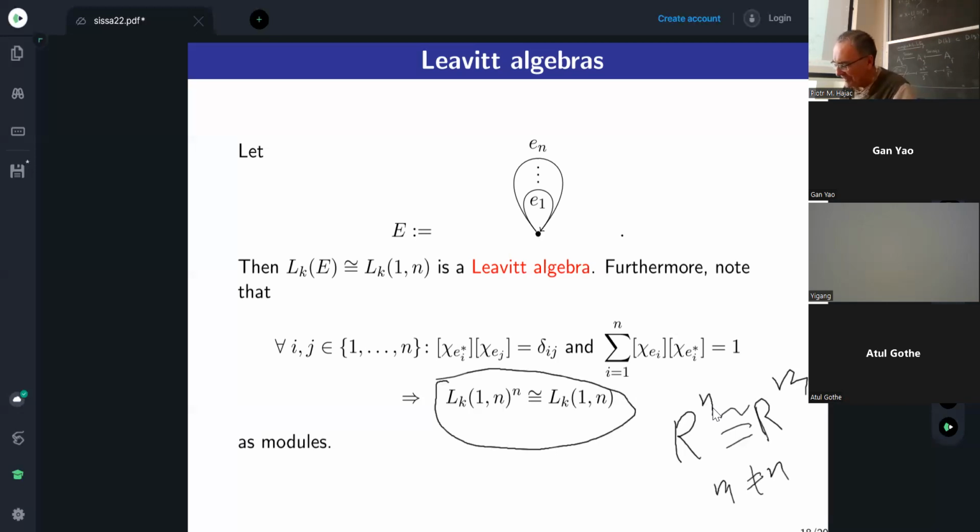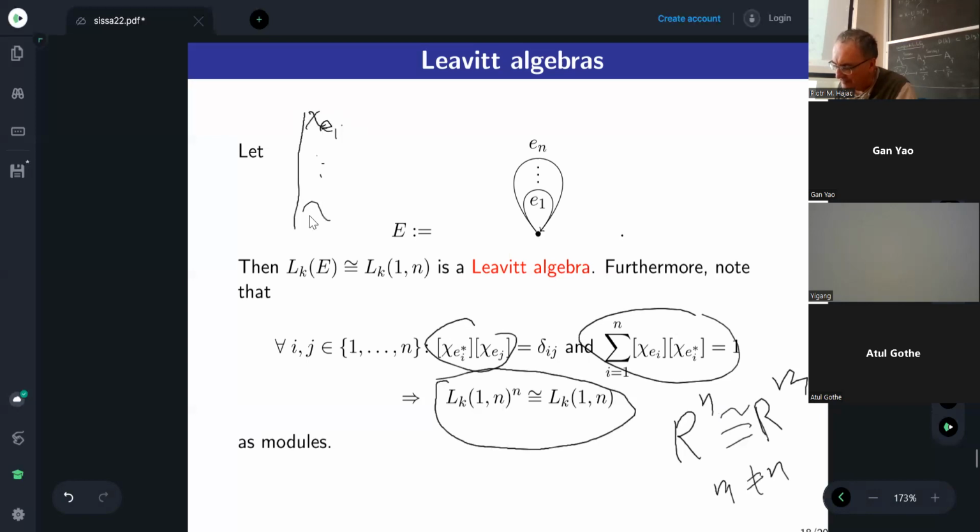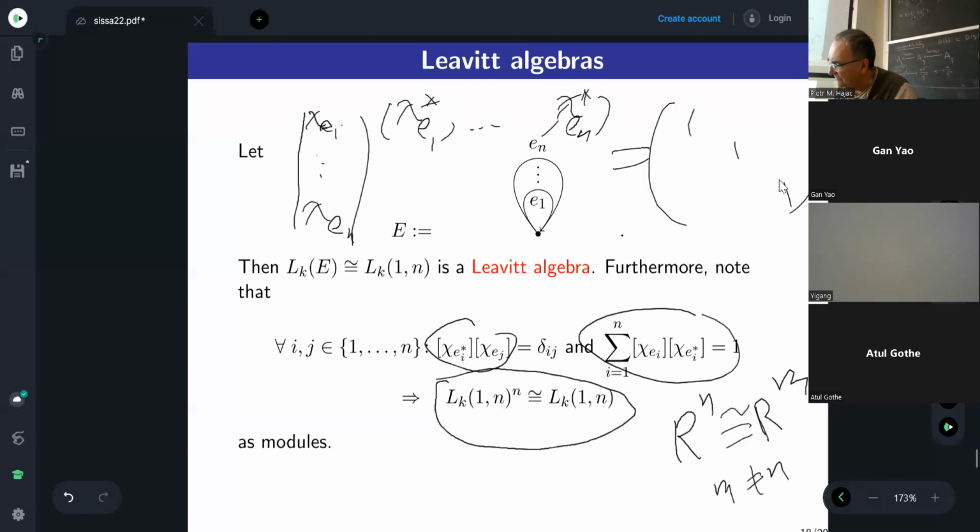Look at these two relations. I have my first Cuntz-Krieger relation and my second Cuntz-Krieger relation. It means that when I write a matrix like this, I have chi E1 ... chi En. I multiply it like this by chi E1 star ... chi En star, and this is a unit matrix, right? By this rule. But I multiply the other way around.